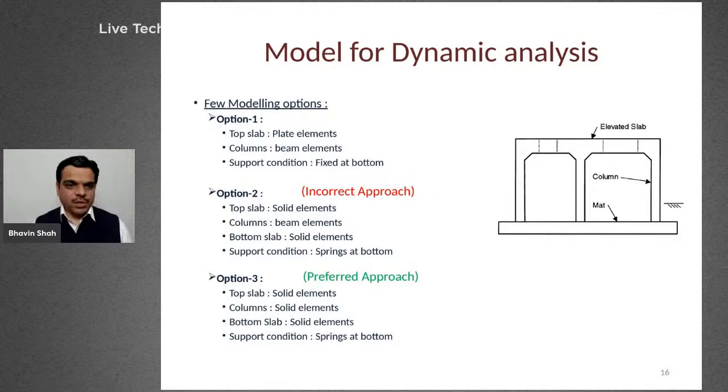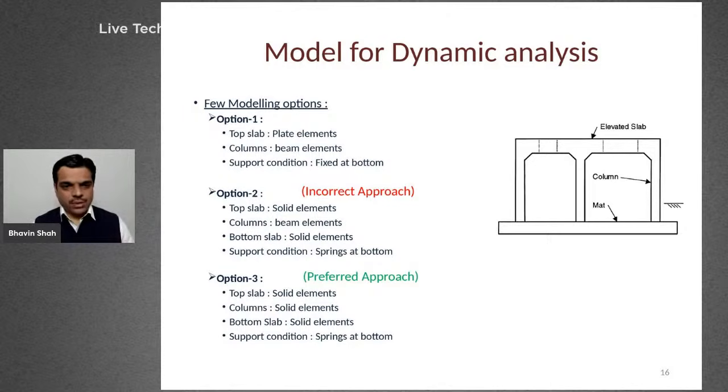In option number 2, the top slab is modeled using solid elements, then columns using beam elements, and then the bottom slab is modeled in this case. In the first case, no bottom slab was modeled.